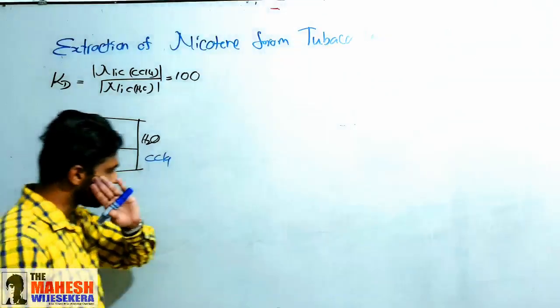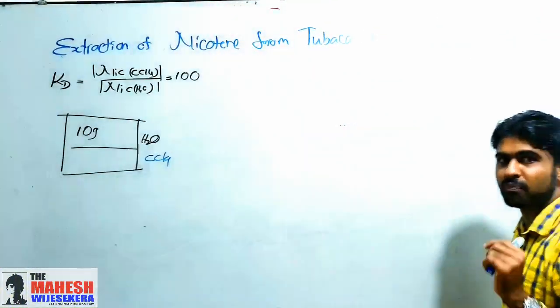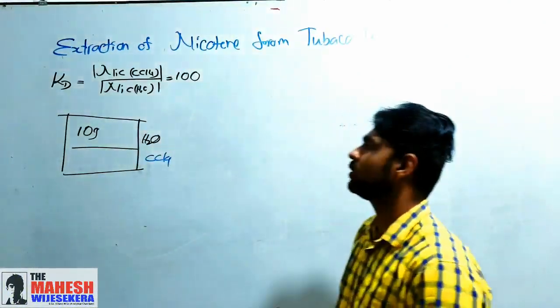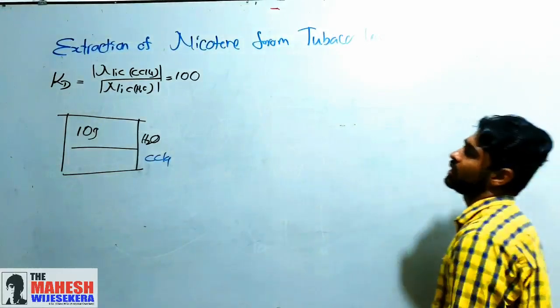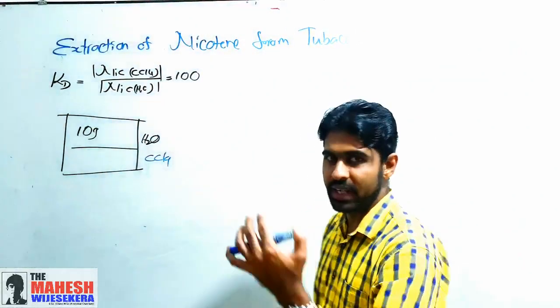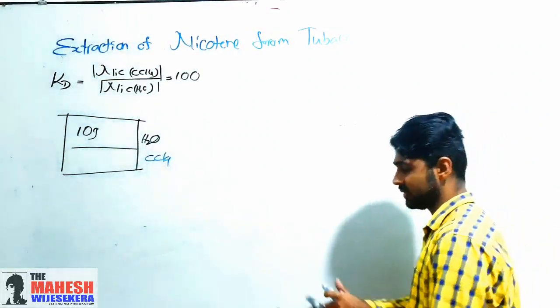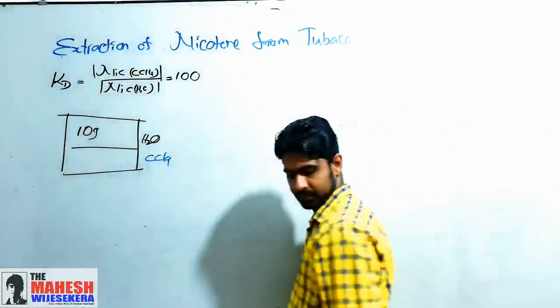In this case, you don't have to convert this into number of moles. Remember that. Why? Because you can just do it with the mass. First, we'll calculate it with number of moles, and then we'll see.